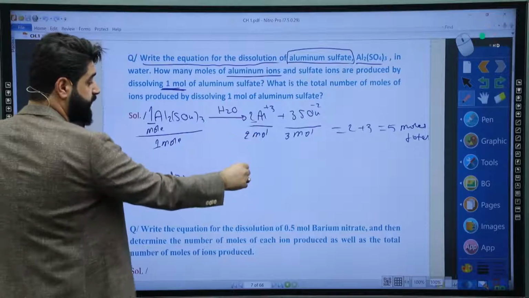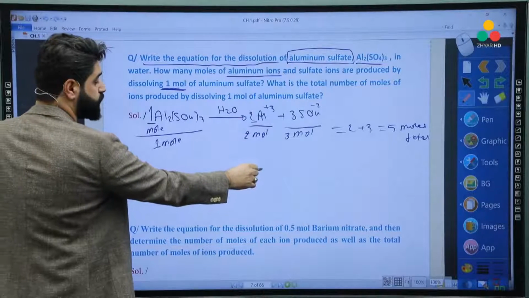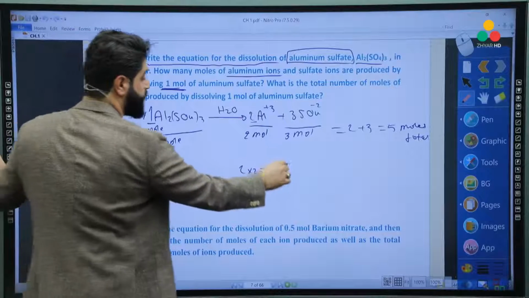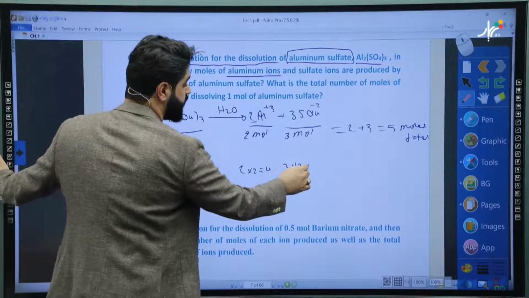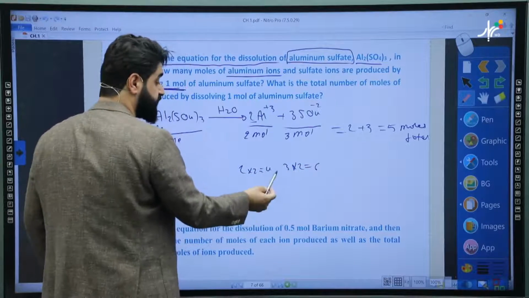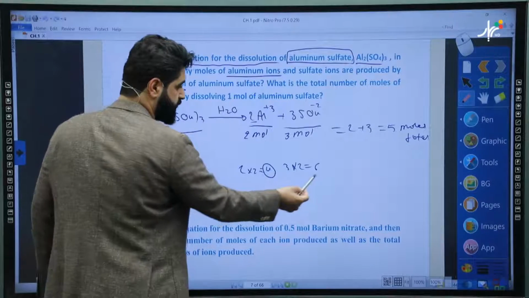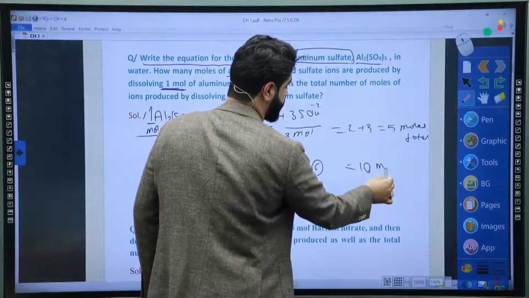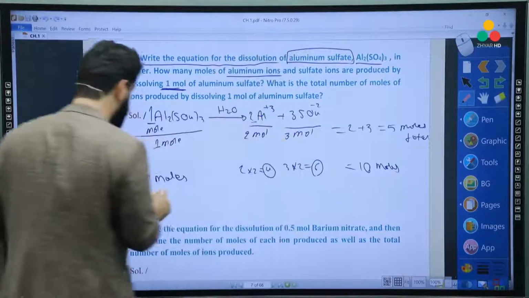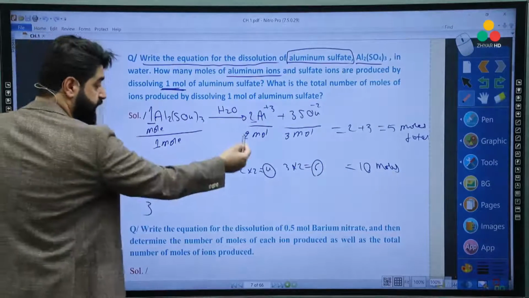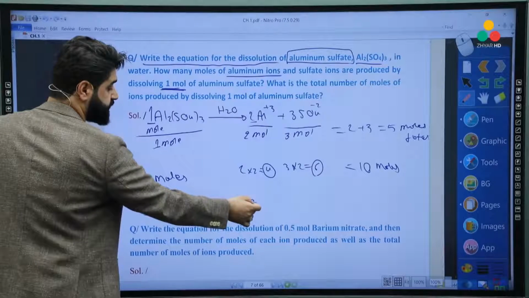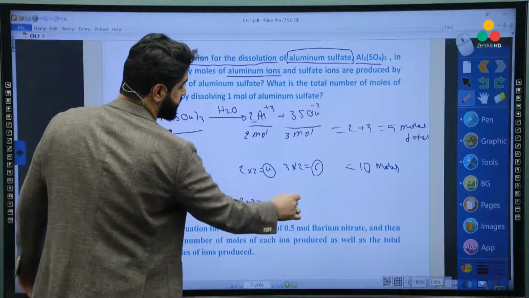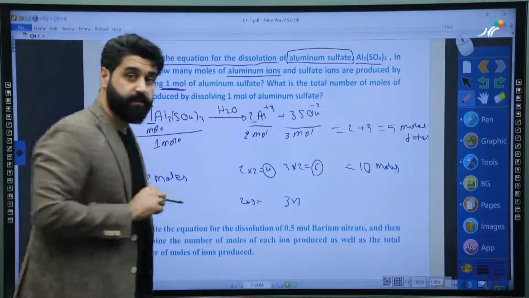You have to multiply by 2. 2 times 2 equals 4. 3 times 2 equals 6. And the total will be 4 plus 6, which is 10. What if we have 3? Multiply by 3. 2 times 3, then 3 times 3. The total will be.